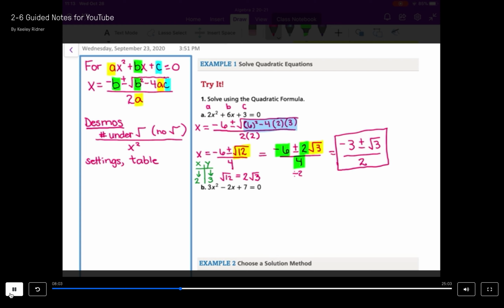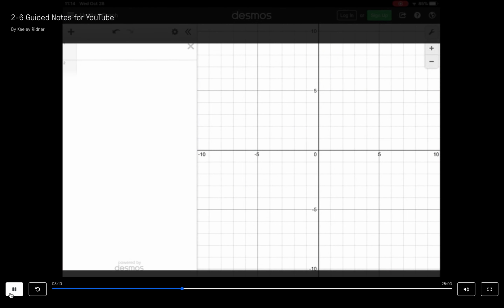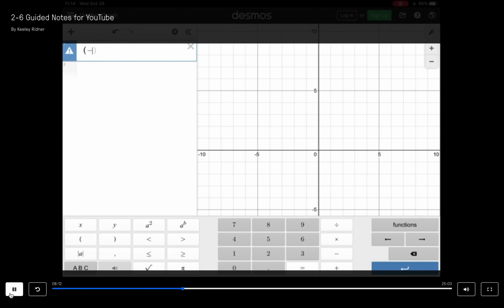Okay. So let's make some correlations here for a second. Let's first start with plus. Negative 6 plus or minus square root of 12, all over 6 gives me this decimal.